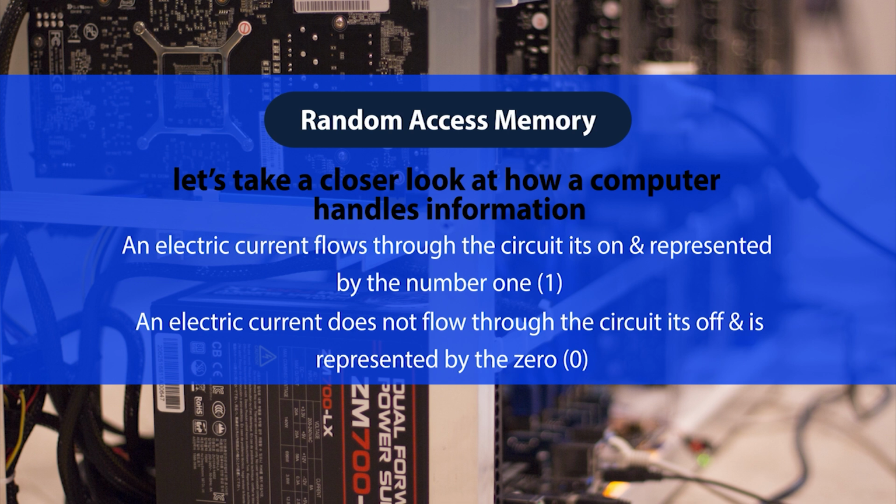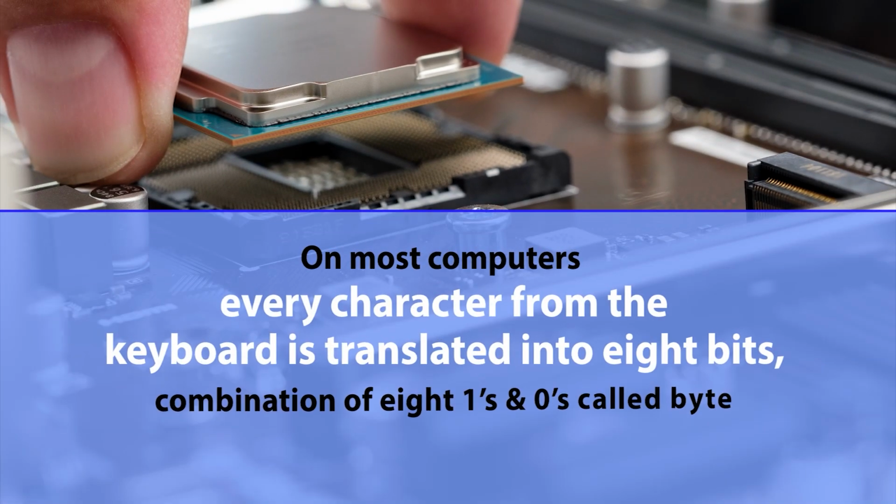and it is represented by the number 0. Now, if we look at our keyboard, every character we type to give input to the system is translated into 8 bits. As we have discussed earlier, it is the ASCII code through which every character or number is mapped to 8 bits or a byte.